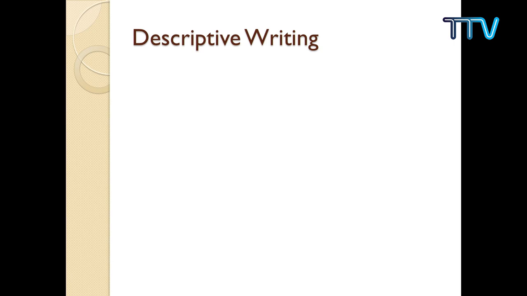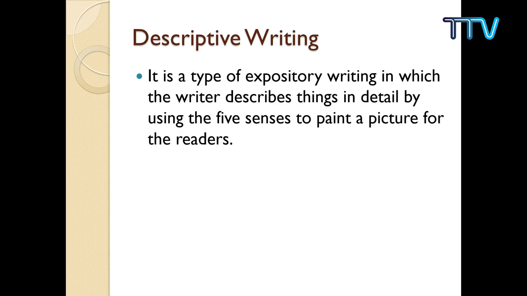It is a type of expository writing in which the writer describes things in detail by using the 5 senses to paint a picture for the readers. Now what you can do is connect descriptive writing to expository writing.